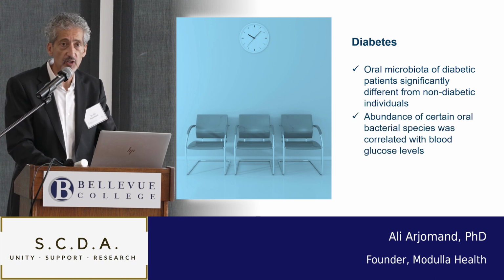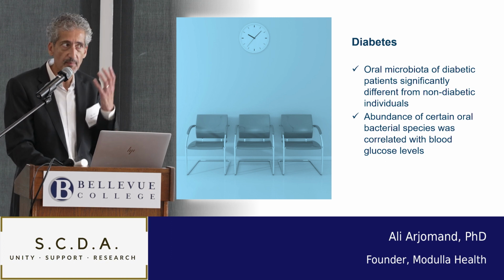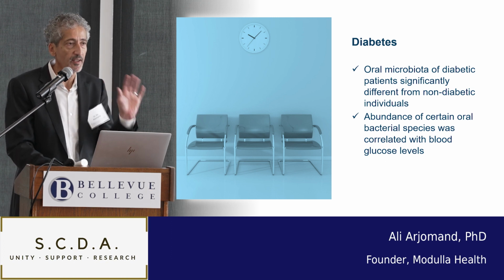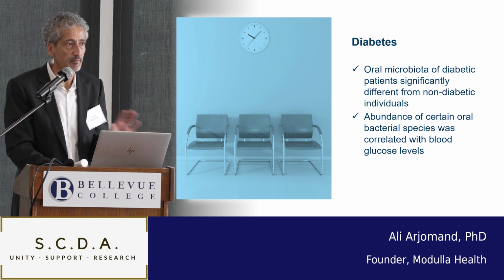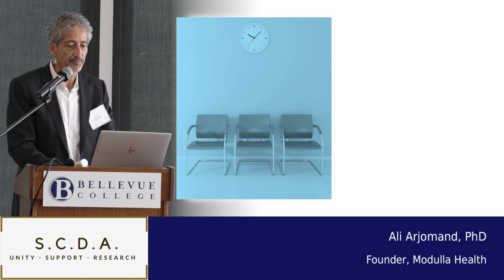The abundance of certain oral microbes is actually correlated with blood glucose levels. So something in the mouth, the microbes, they're doing something, and it's being seen in the blood glucose levels. Again, we don't know if it's cause or effect, but there's a correlation there.